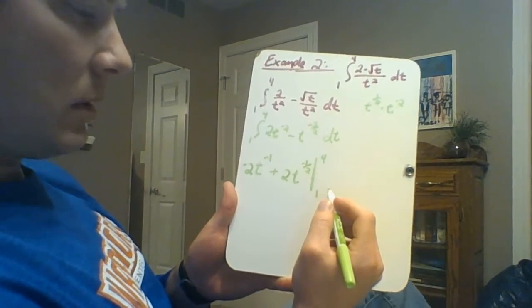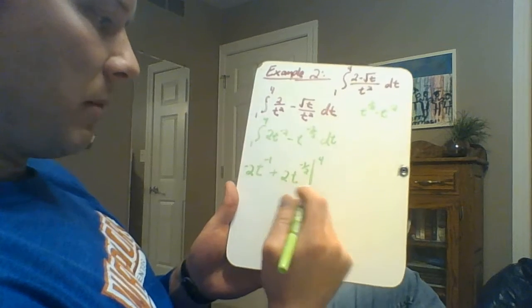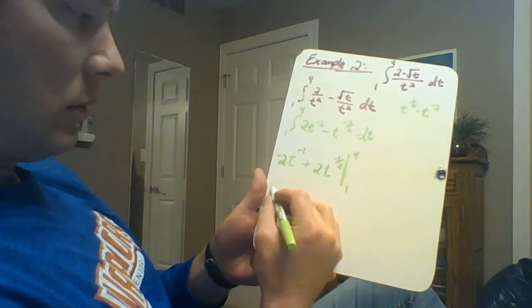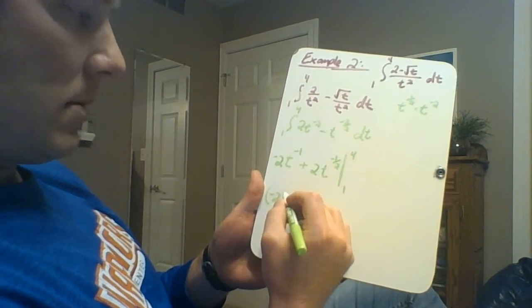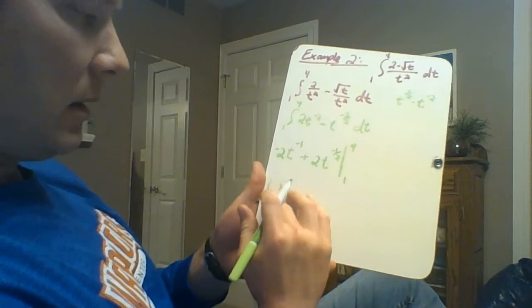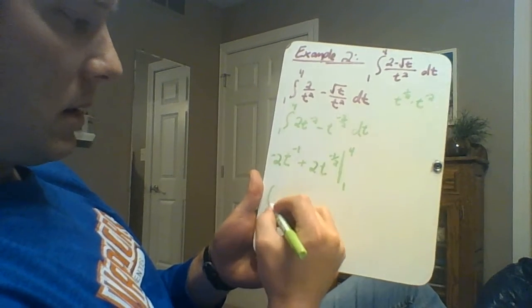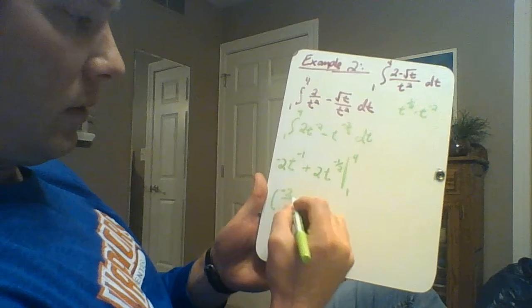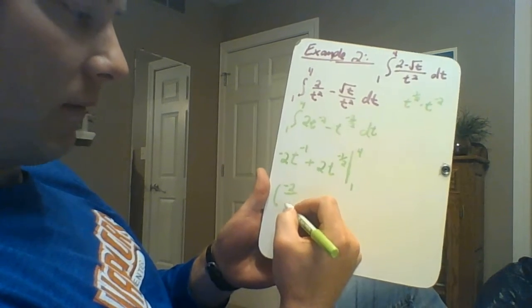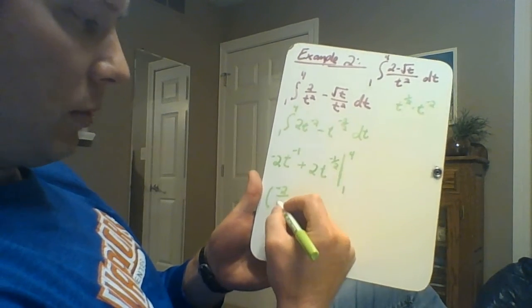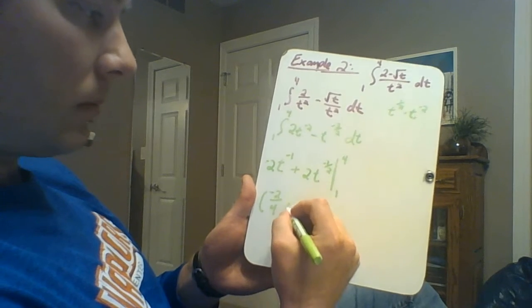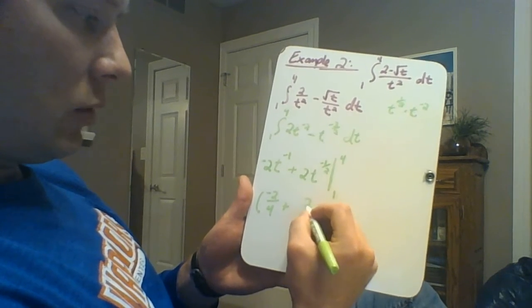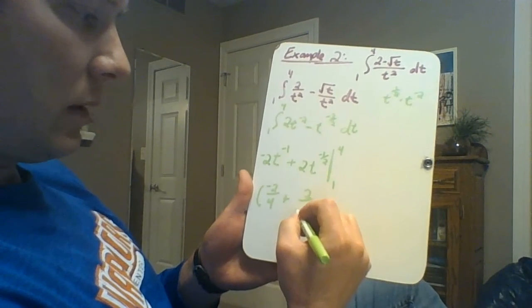So now we use the fundamental theorem of calculus part 2. So -2, I'm going to rewrite this, guys, so that it's -2 over t, t to the -1 is t to the first in the denominator, and so we're putting 4 there, plus 2 over, this is the square root.